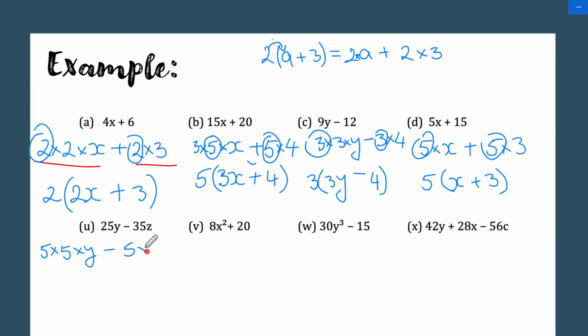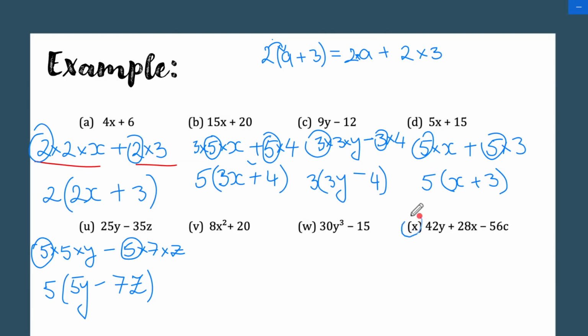So it's 5 times 7 times z. Okay, and I need to divide by 5. I get the 5 in front of the bracket, and here I have 5y left minus 7z.